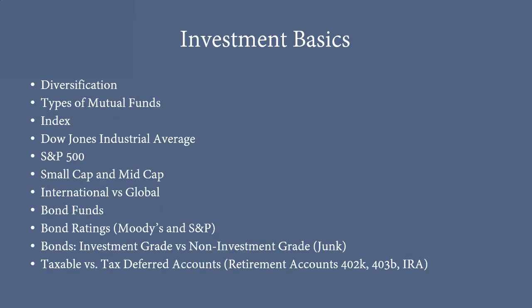Diversification. That goes back to the old adage of not having all of your eggs in one basket. Again, this is what mutual funds are fantastic at for the average person. You can get diversification with only $100, where it's impossible to do that if you were to buy individual stocks, because many stocks even cost more than $100.